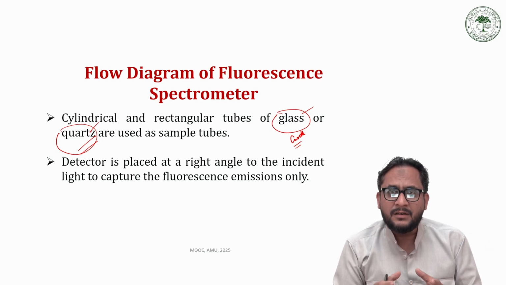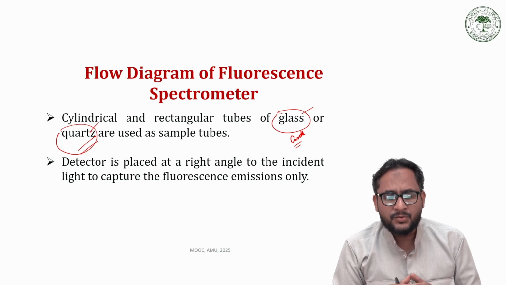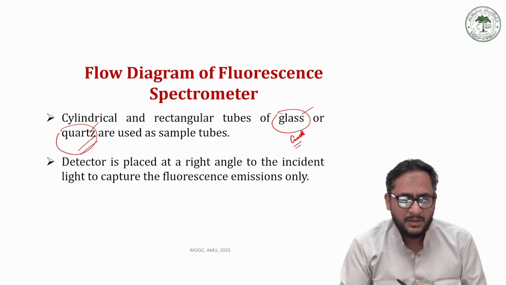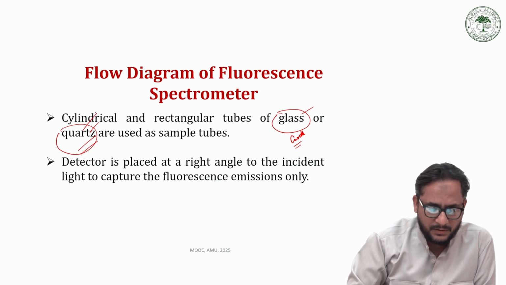And further, for their learning and experimentation as undergraduate students, glass cuvettes work well. While for research purposes, for more reliable data, for very high precision and accuracy, we always use quartz cuvettes.